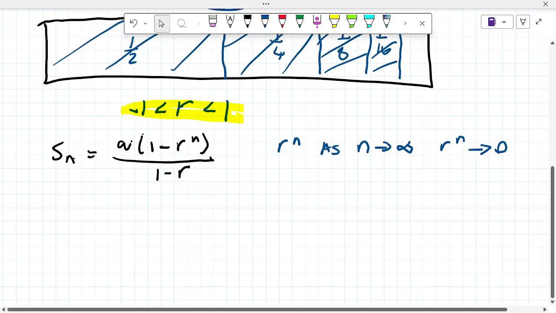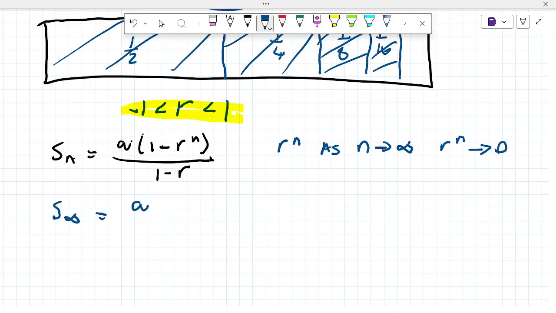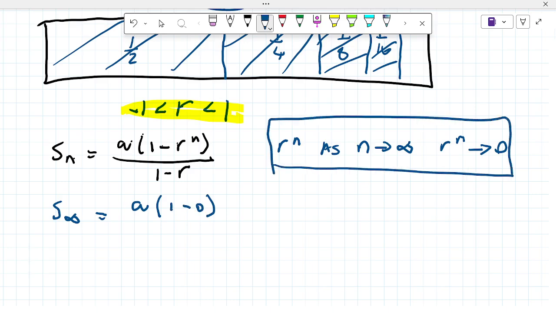So what we simply do is we go back to this and we say the sum to infinity is then a times (1 minus 0), because r^n tends to 0. You must write this as part of your proof. So that's over 1 minus r. So the sum to infinity is simply a over 1 minus r.